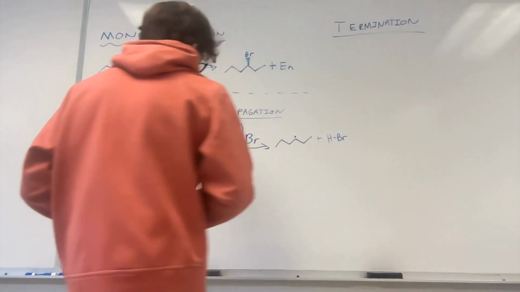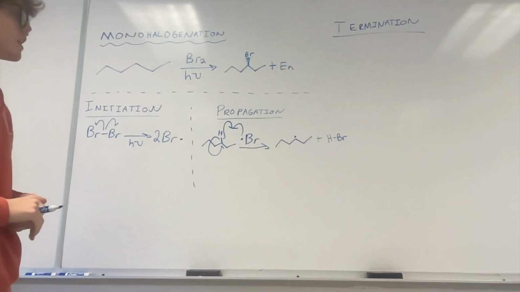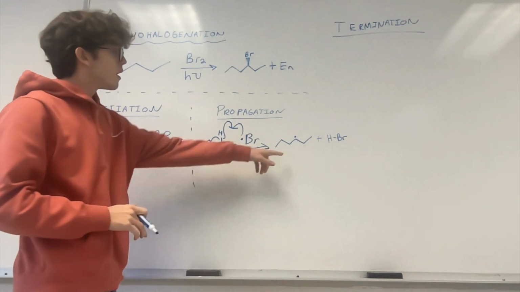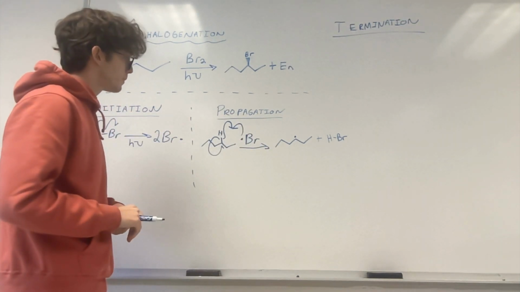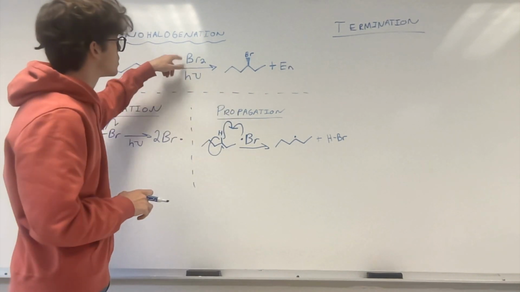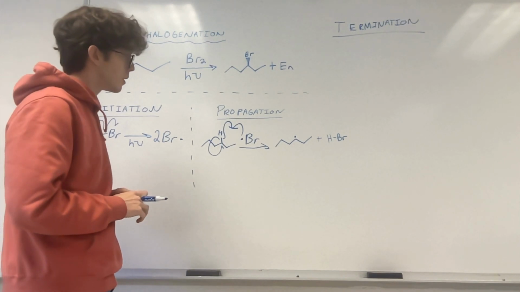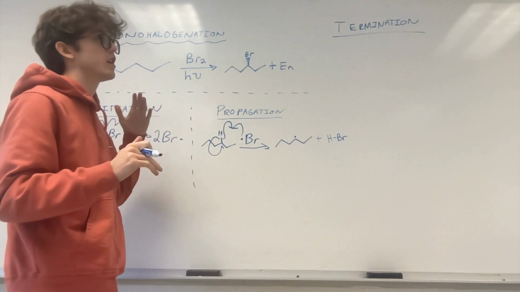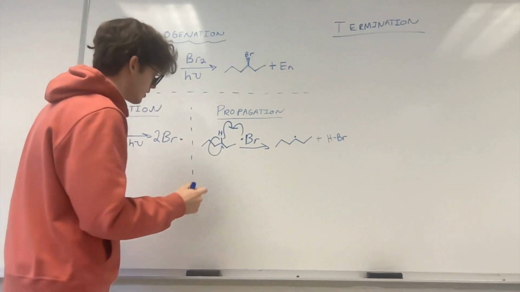Quite simple, isn't it? Another propagation step, because there's many of these propagation steps occurring at once, is okay, what will this radical do? Well, if our product is to get this, maybe it could come back to a non-radical species of bromine gas, abstract a bromine, and reform our radical. So this is kind of just a cyclic process, right?